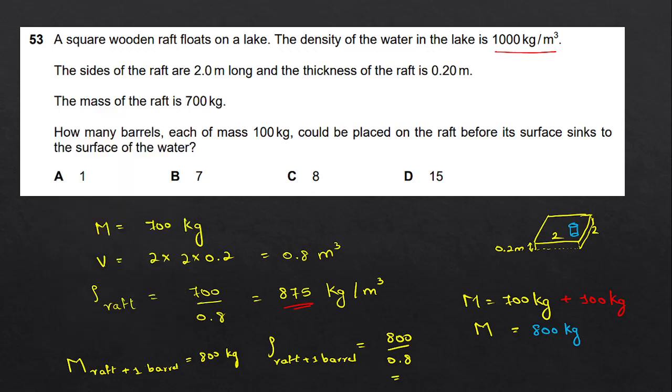Now the density of the raft becomes 1000 kg per meter cube. This has the same density as water. So now the raft will be at the surface level of water. If I add any more mass, the raft will sink. So the maximum number of barrels that can be added to this raft will be 1. So the answer is option A.